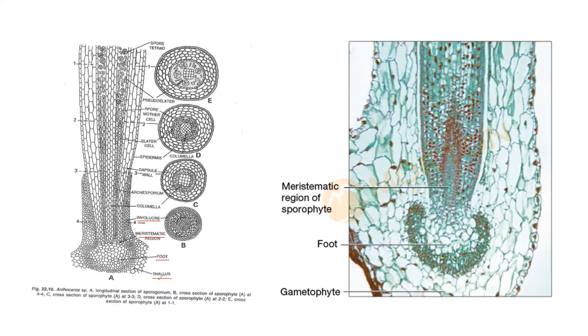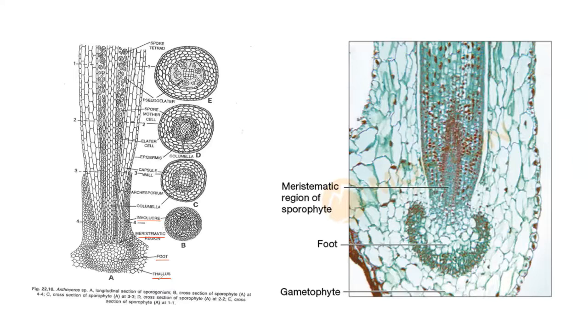Then comes the second region, which is a unique characteristic of Anthoceros sporophyte, and that is presence of intercalary or meristematic zone. This is a region between the foot and the capsule. The presence of meristematic region, as I told, is a unique feature of Anthoceros. It is formed of few layers of meristematic cells which are arranged in superposed manner, that is one above the other.